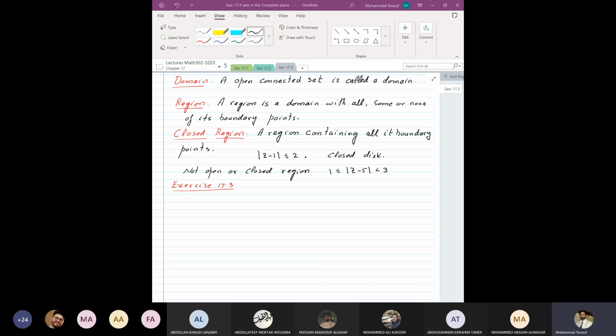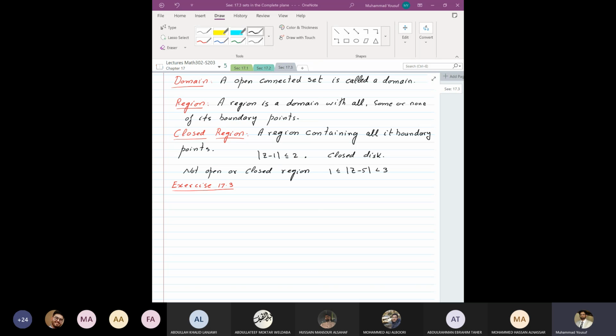What is the real part of this? x plus 4. So when we put them equal, we get y minus 1 equal to x plus 4, or y equal to x plus 5. So sketch this line in the xy plane. That is the graph of the equation given in number 4.